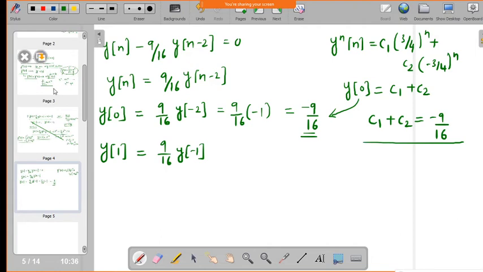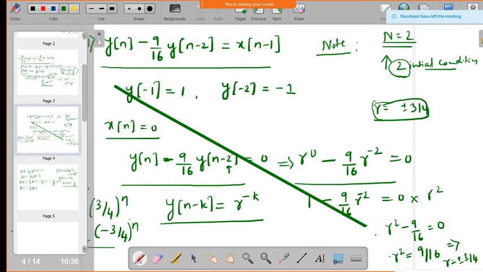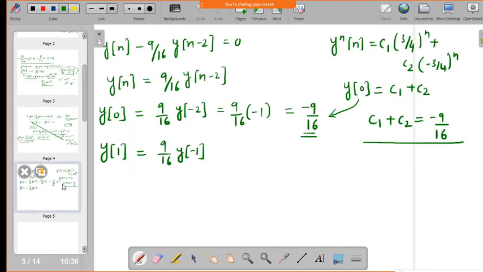From the initial condition values, y of minus 1 is equal to 1. So substitute the value, you will get 9 by 16 into 1, which is equal to 9 by 16. So now we got the value of y of 1.